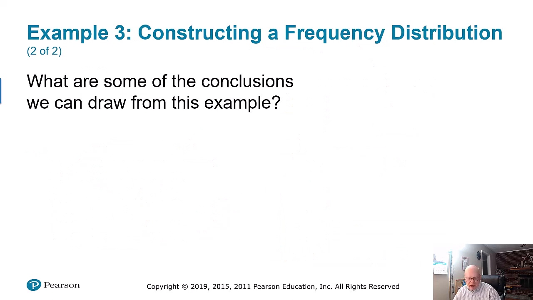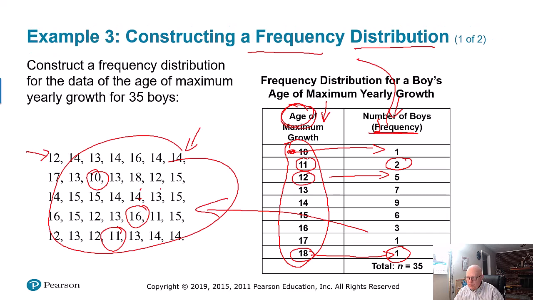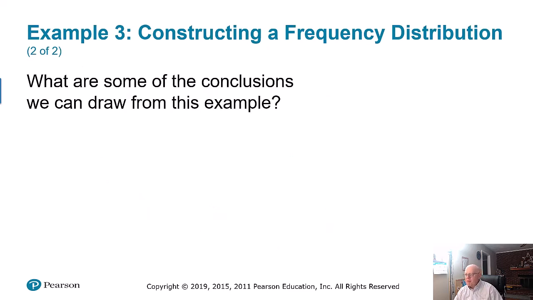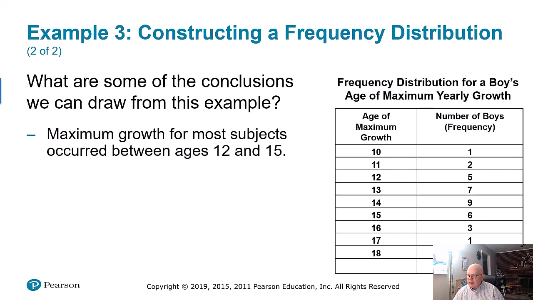So what can we say from that sample? Take a look at that again if you like. What can we say about that example? Well, we can see that most of the subjects had maximum growth between 12 and 15.